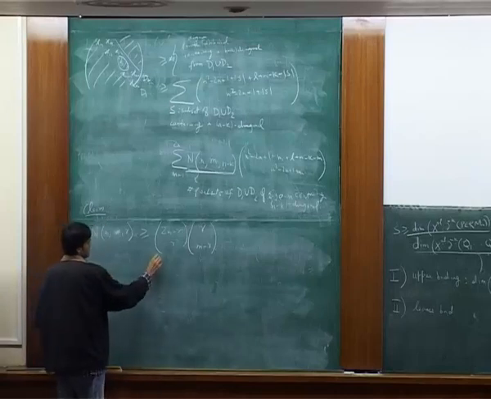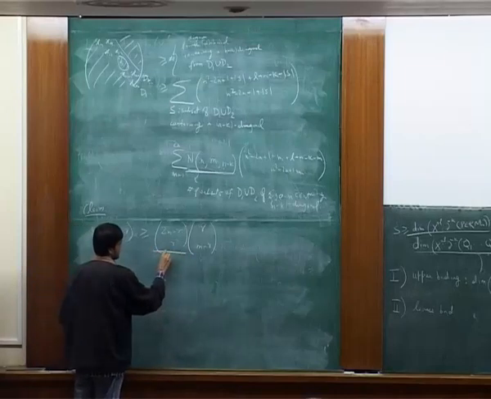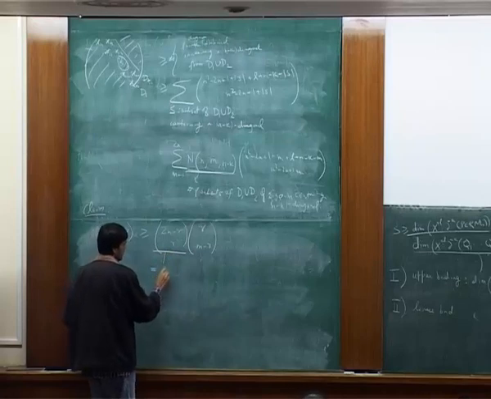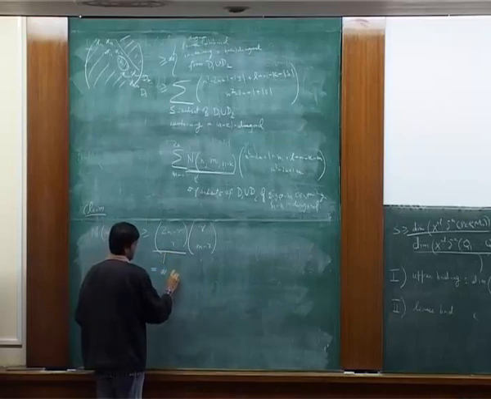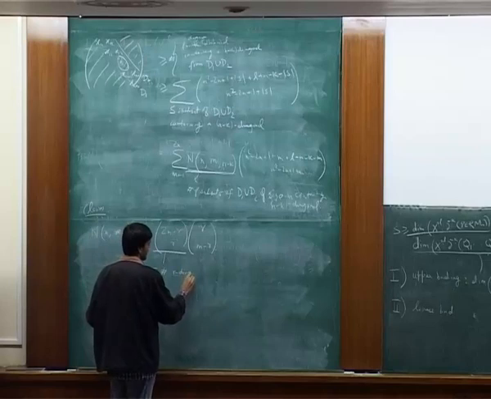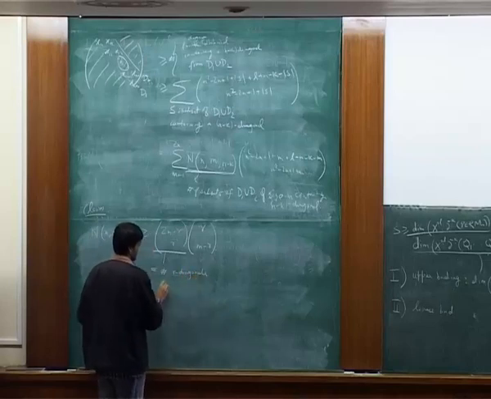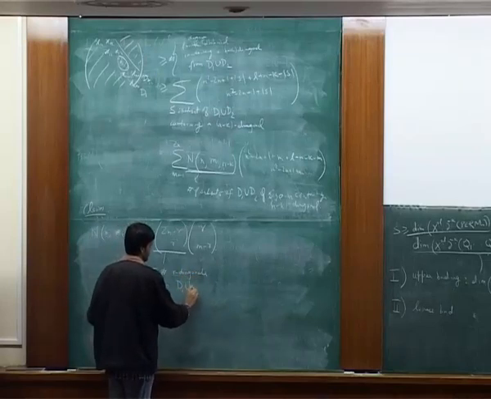So first I will show that this quantity equals the number of r diagonals or length r diagonals in B1 union B.